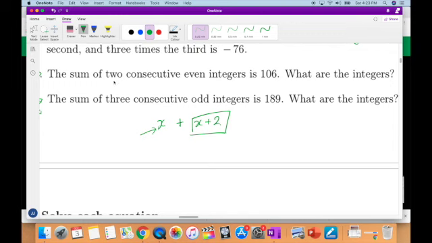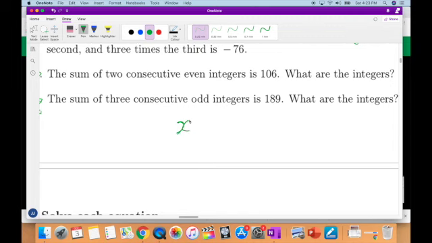They say the sum of 2 consecutive even integers, so how do you know this first x is even? It could very well be odd, if I just have x as a number.